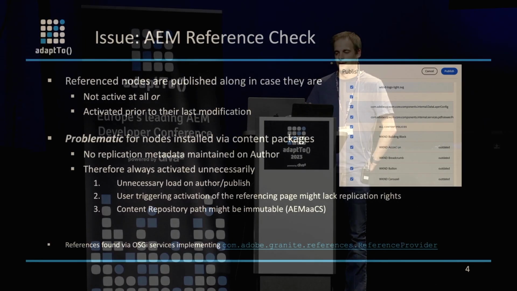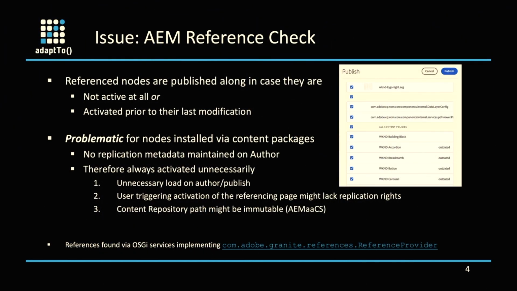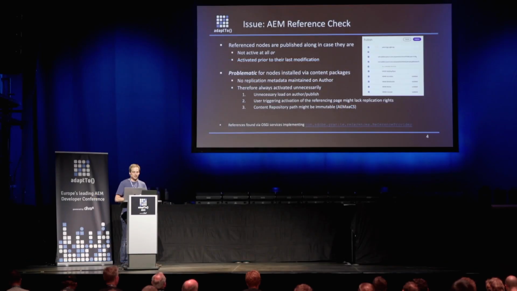But not only is this not necessary, very often it also breaks stuff. It may break, for example, if your content policies are located in /apps, because then your replication queue is blocked, and that is unfortunately not caught in AEM itself.